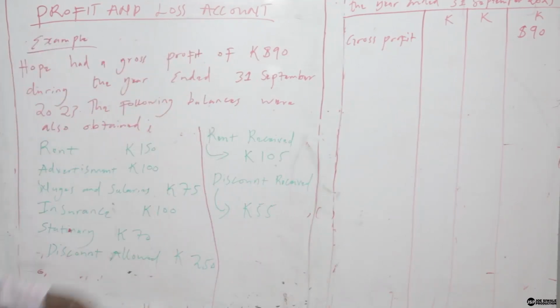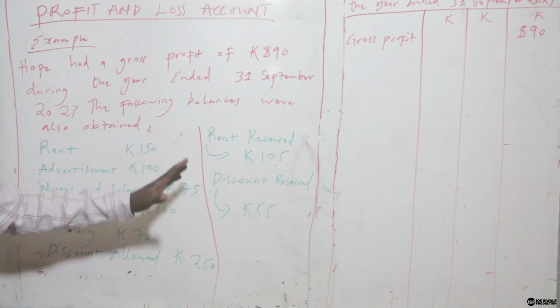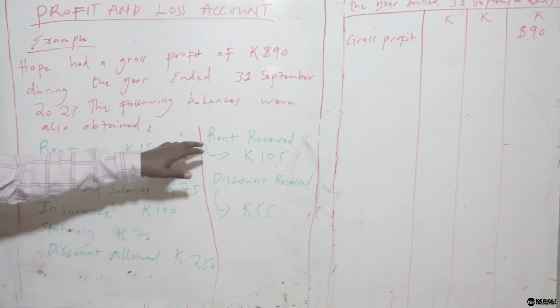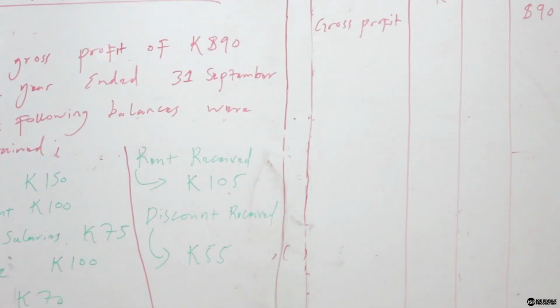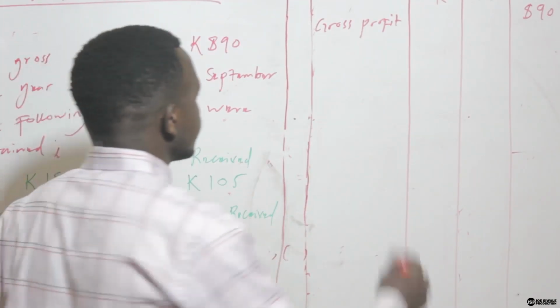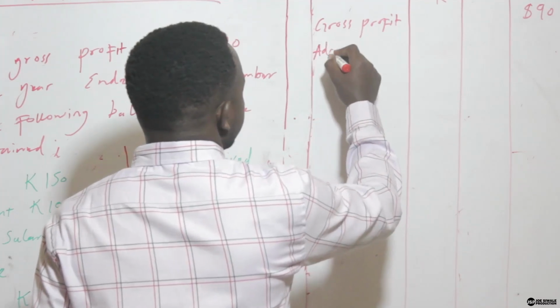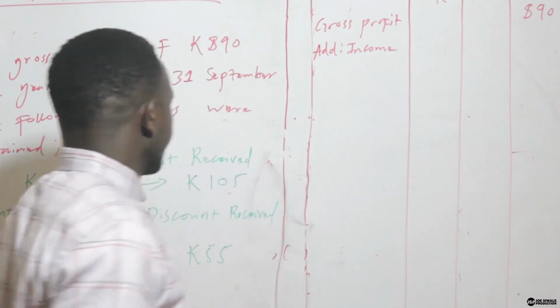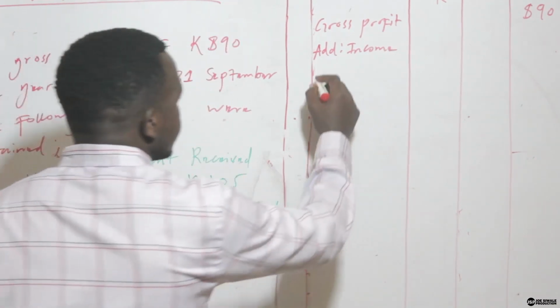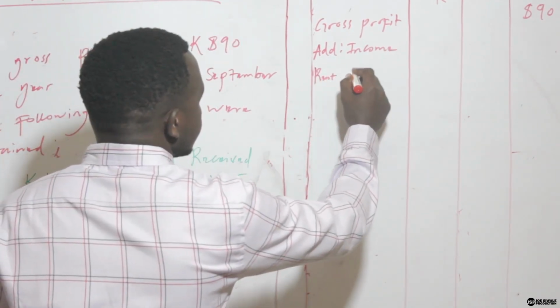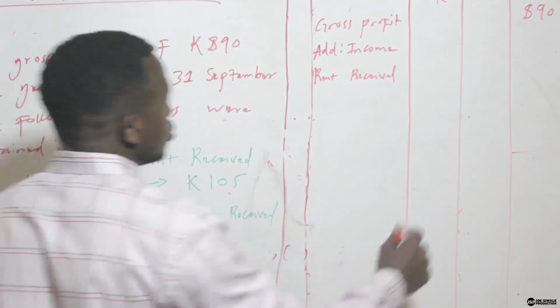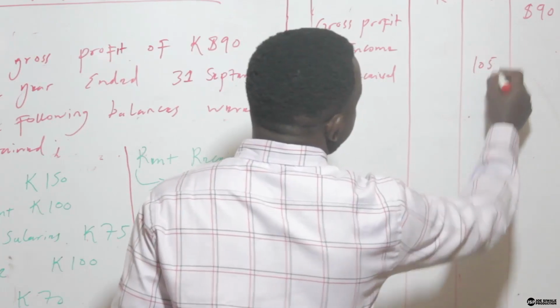Then we have to identify from our questions if you are having supplementary income. And you're having additional supplementary income, we're having rent received and discount received. So we are going to say add income. So the income that you're having, we have rent received, amounting to 105.